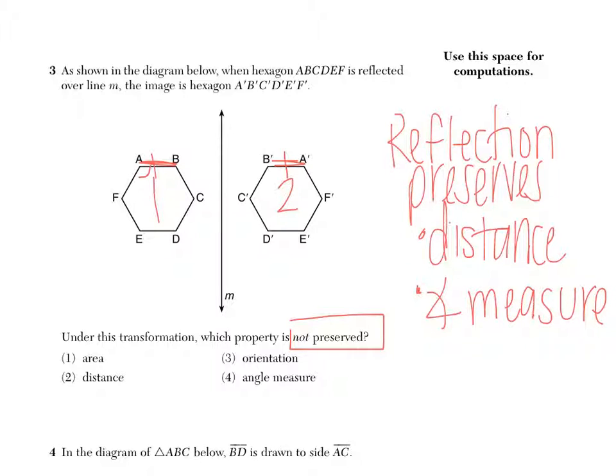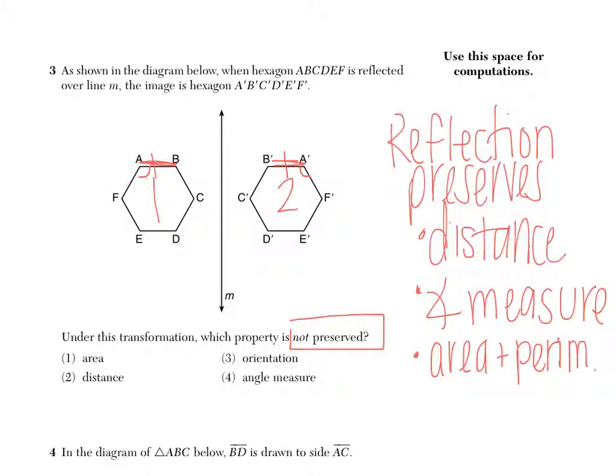This angle A is congruent to angle A prime. Additionally, the area and perimeter are preserved. However big the area of ABCDEF is, the same area is on the other side, A prime B prime and so on, because the distance was preserved.